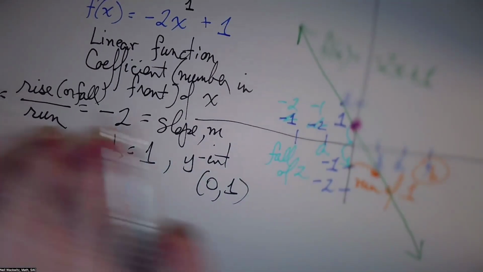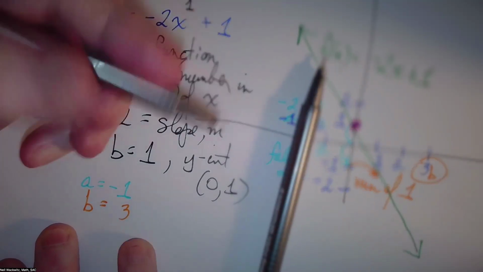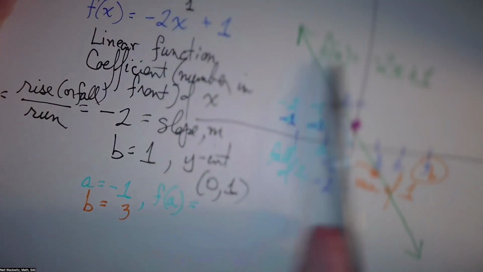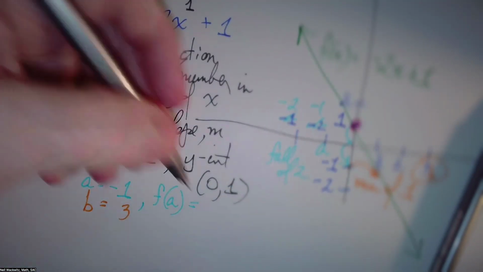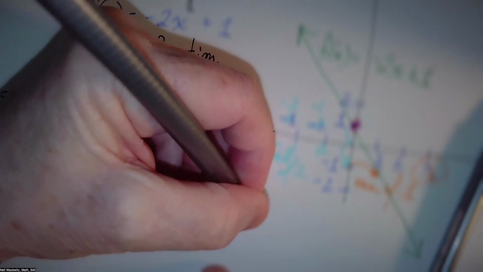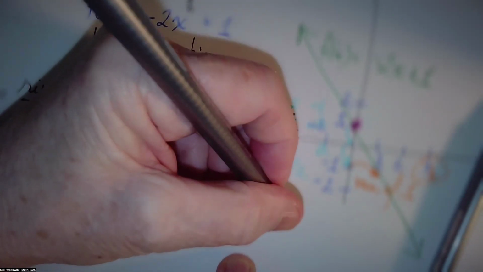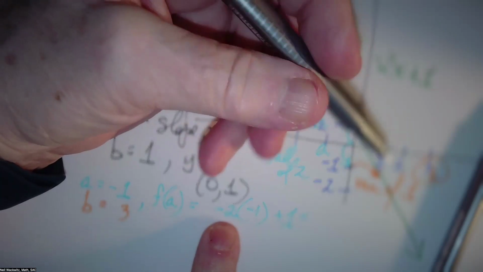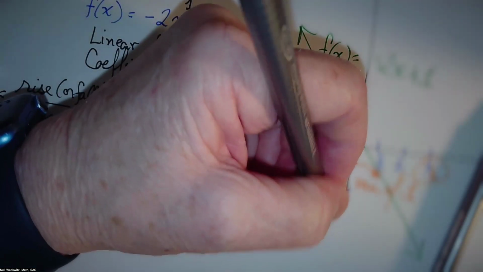So we need to find f of a. Well, that's just taking our function, -2 times x plus 1, but we're putting the number -1 in for x, and -1 times -2 is +2, plus 1 is 3.